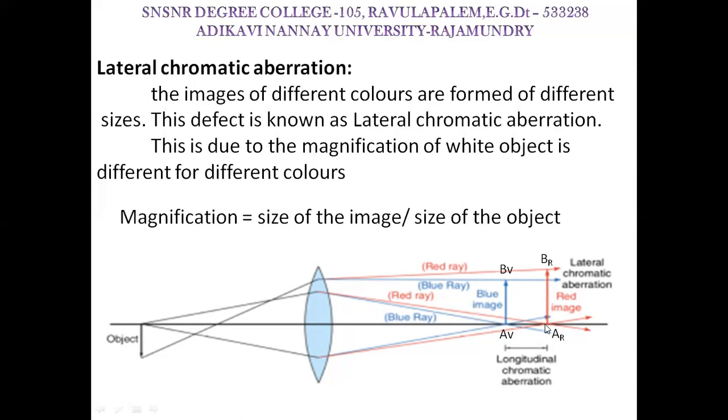Already we discussed in longitudinal chromatic aberration that due to the different refractive indices of different colors, they are deviated with different angles. Similarly, blue color is deviated more and formed here, and red color is slightly deviated from the surface of the convex lens, and the image is formed like this.